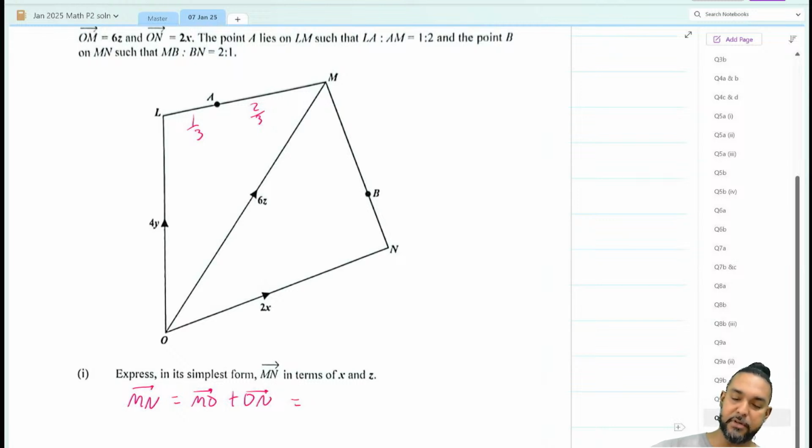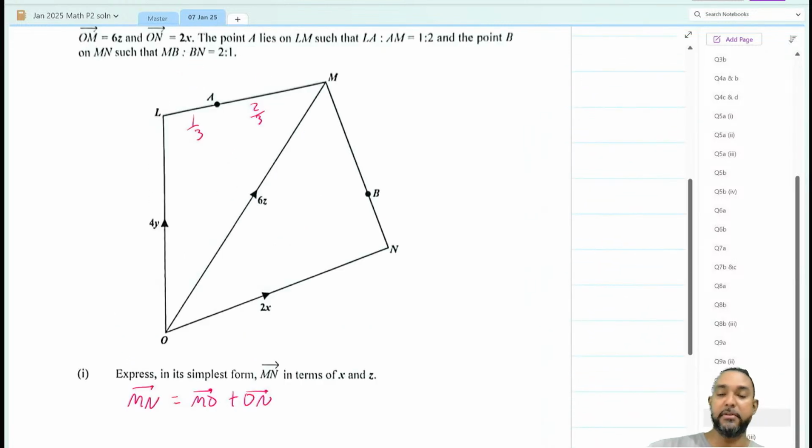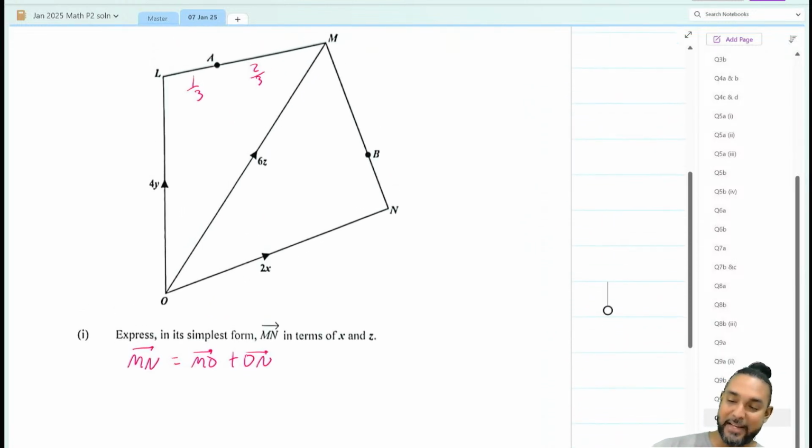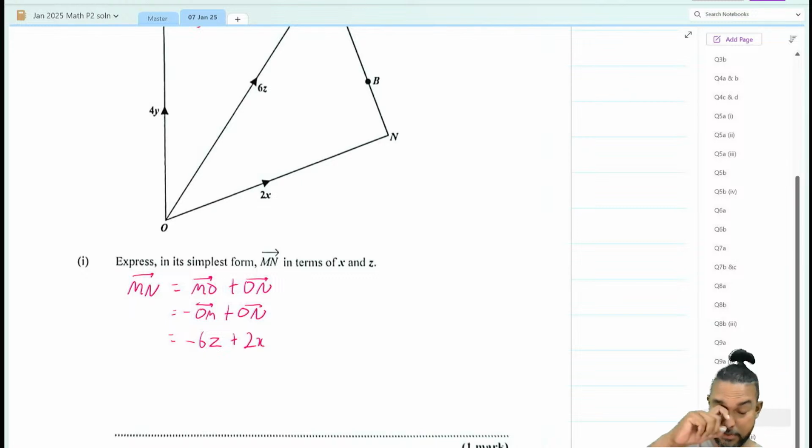Notice the direction here. To go from O to M is 6z, but we're going backwards, which means you're moving in the opposite direction, so it's negative 6z. We express that as the inverse of OM, putting a minus sign in front of OM. Plus ON. So that's minus 6z plus 2x.